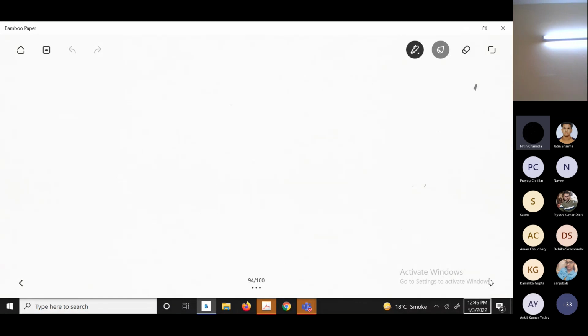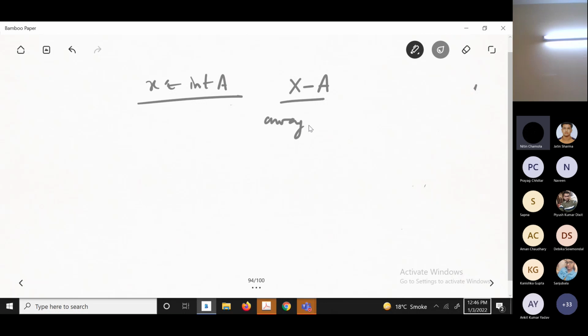Later on you will see that when x belongs to the interior of A, it means it is deep inside A. It is not something on the boundary of A. Basically it is away from the complement, X minus A.